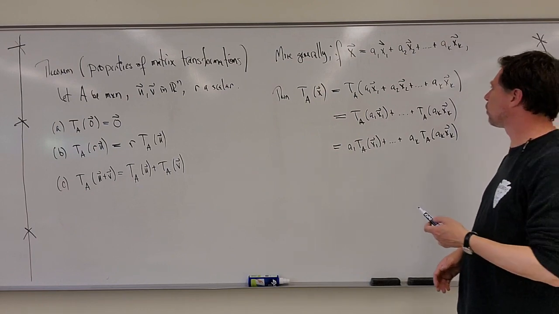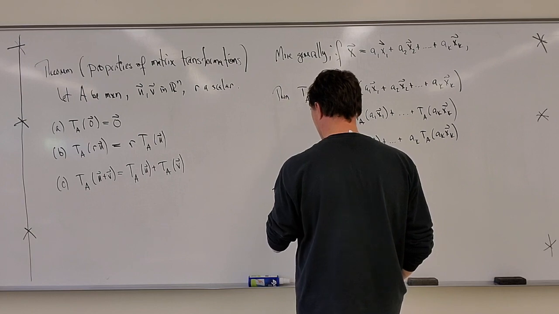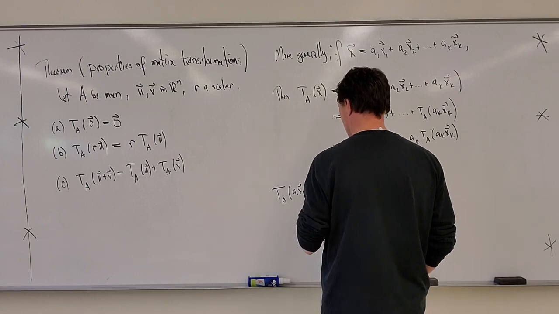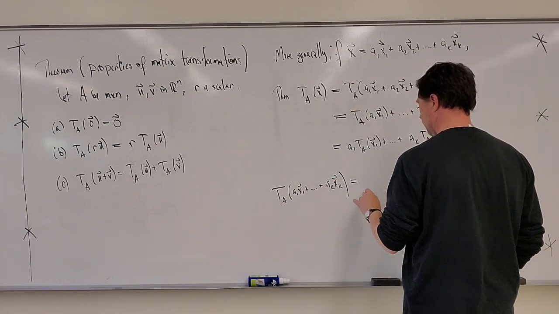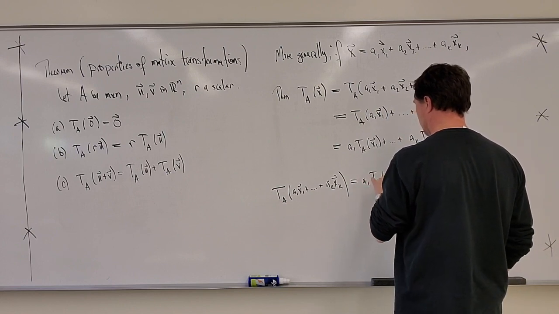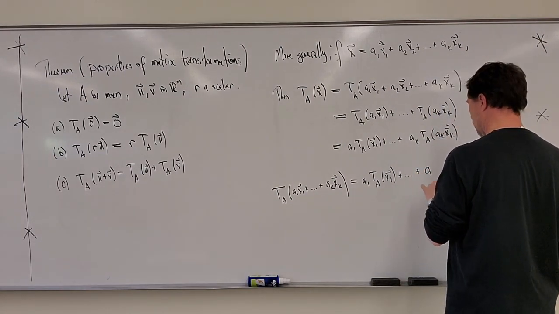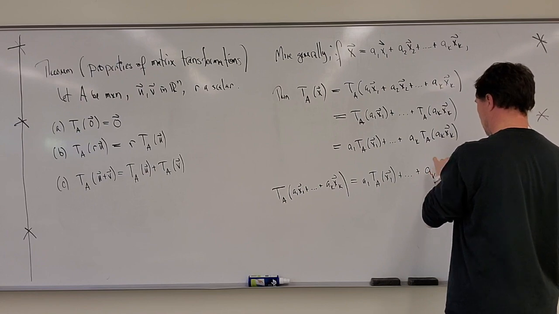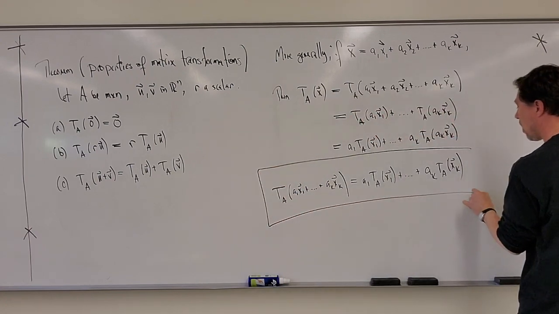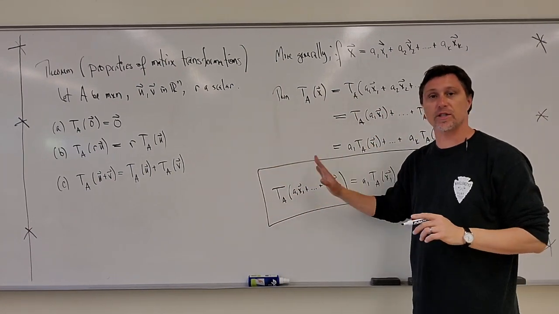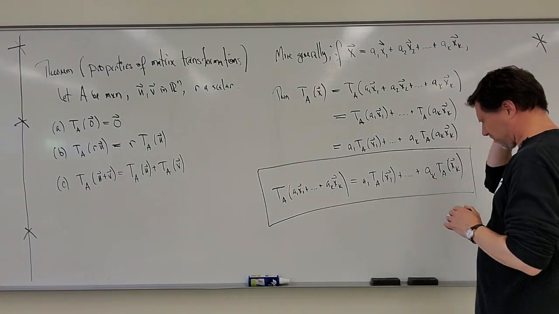Now let me combine this. The way you want to think of it is this. T sub A of a1x1 plus dot dot dot plus a sub k x sub k is equal to a1 T sub A of x1 plus dot dot dot plus a sub k T sub A of x sub k. So that right there, I'm going to put that in a box right here. What it tells us is that matrix transformations behave nicely when it comes to linear combinations.